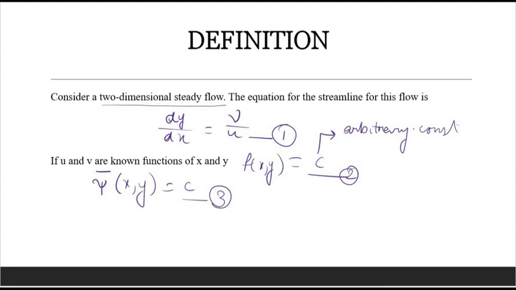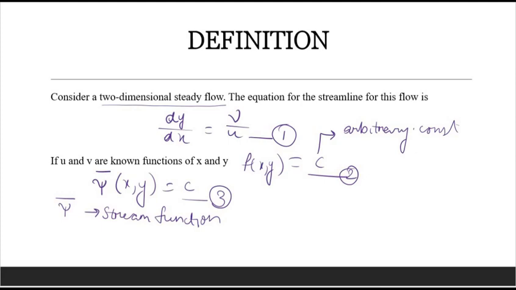Now this new function that we have introduced, psi bar, is known as your stream function. What does this equation 3 show?